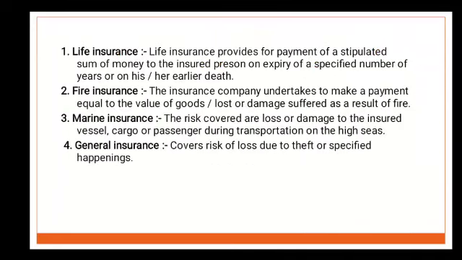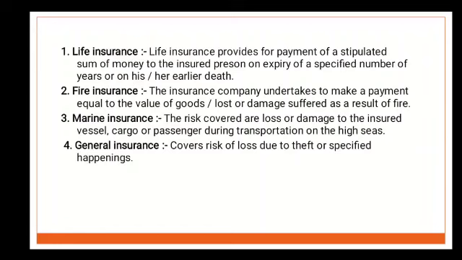First, life insurance. Life insurance provides for payment of a stipulated sum of money to the insured person on expiry of a specified number of years or on his or her earlier death. Second, fire insurance. The insurance company undertakes to make a payment equal to the value of goods lost or damage suffered as a result of fire.